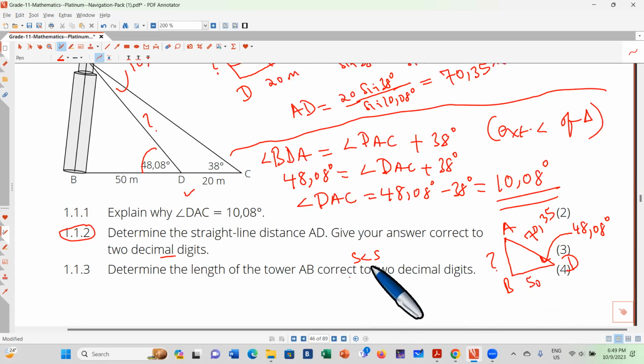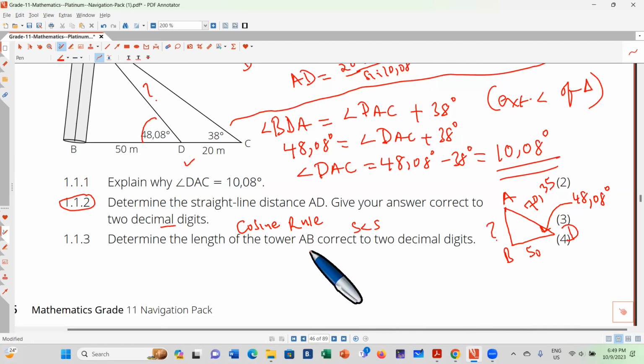With side angle side, we use the cosine rule. Okay, I'm just revising these, and there are lots of questions I brought here, and we shall discuss them. So, which therefore means at this point we have AB squared. This one equals A, this one equals B, and this one is D. All right, so we have this.